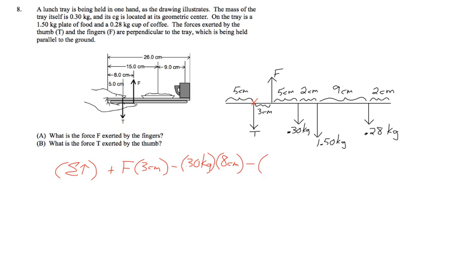Minus 1.50 kilograms times its distance to the pivot point. So it's going to be 3 plus 5 plus 2. That's going to be 10 centimeters.